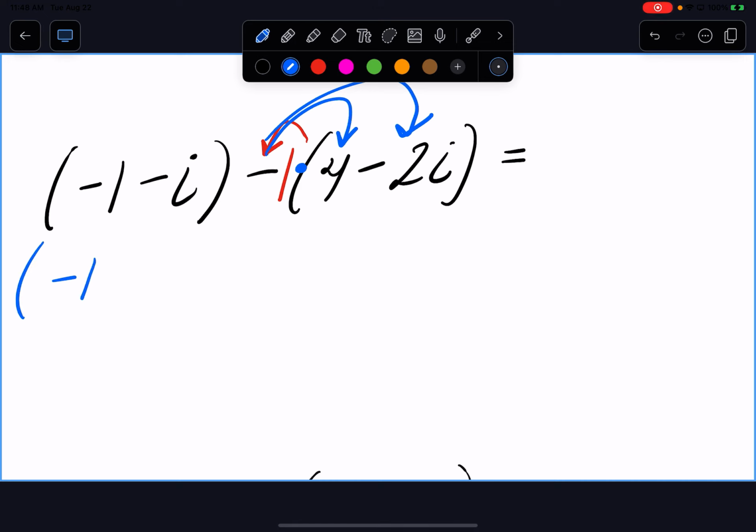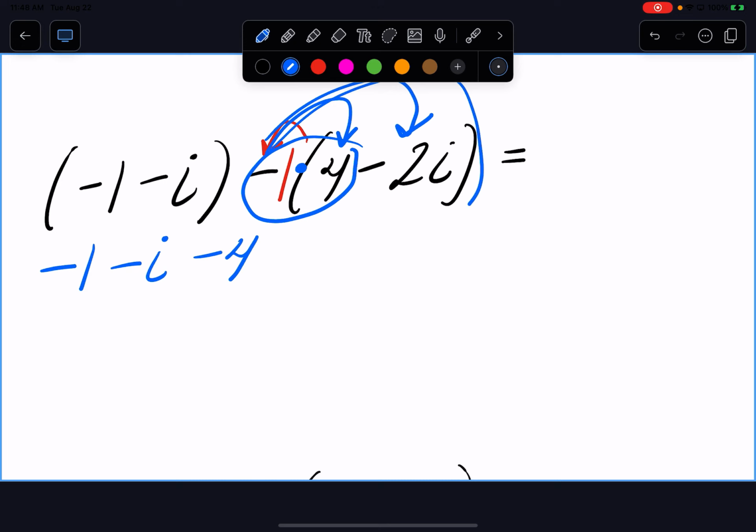This is negative 1, and I don't even need the parentheses then. This doesn't change. This is negative 1 minus i, right? There was nothing in front to multiply that to. True? Then what number do we have right here? Negative 4. What number do we have right here? 2i. Positive or negative? Positive 2i. And now I've just written it out really nicely here. Do you guys see? It's just recommended to distribute the negative and then write it as you see it.